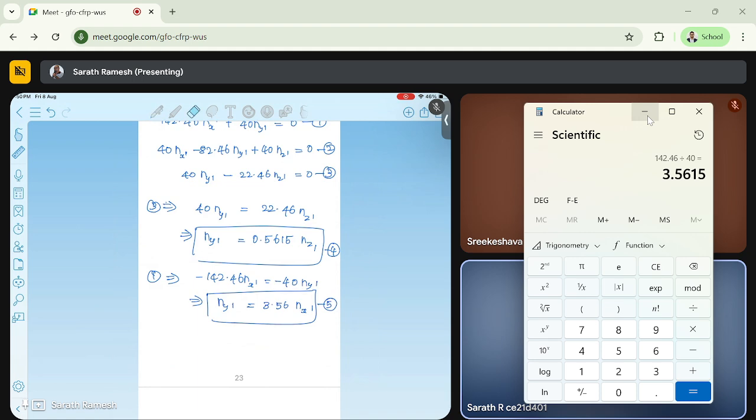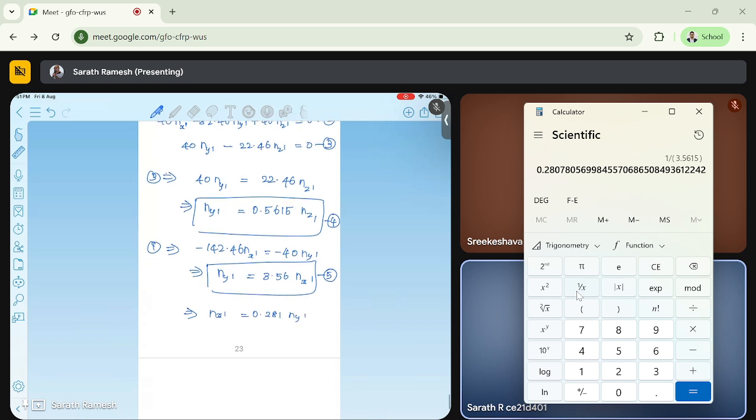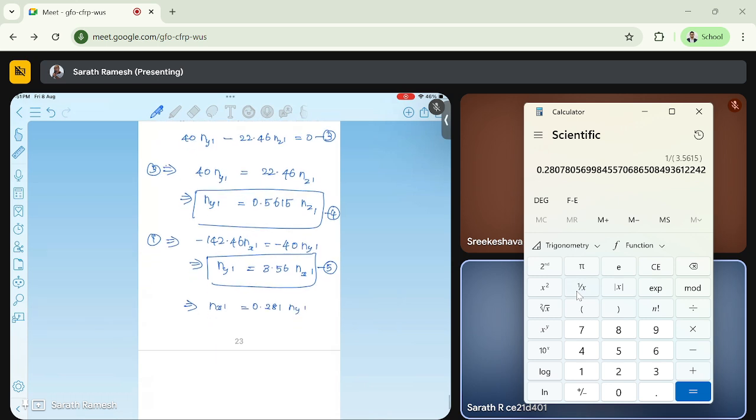Instead of this, I can write nx1 as the reciprocal, 0.281 ny1, and this is equation number 5.